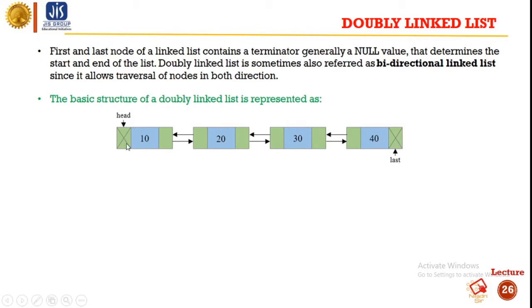This is called the previous part and this is called the next part. So the next part of the last node is null and the previous part of the first node is also null. As you can see, this is bidirectional. We can move from 10 to 40 or from 40 to 10 also.